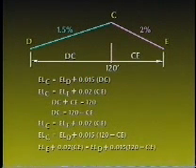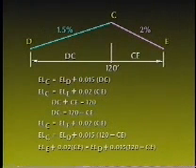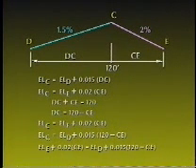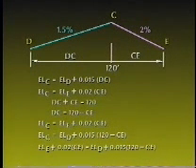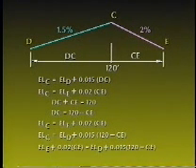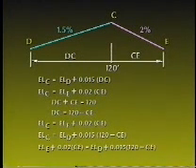We can write equations for the elevation of C from both point D and point E. The equation from point D is the elevation of C equals the elevation of D plus 0.015 times the distance DC.